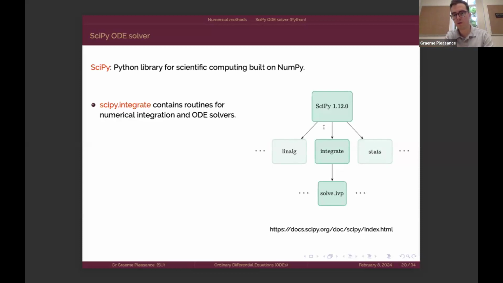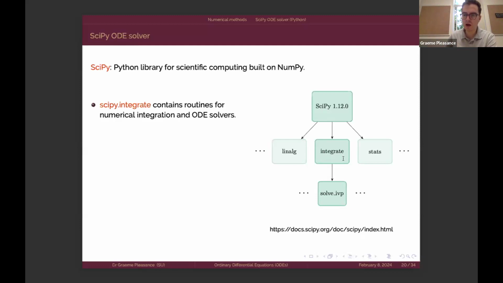The one that we're going to focus on is the integrate package that contains a function called solve_ivp. This is the solve initial value problem function, and this is one of the main ODE solvers of this integrate package. I also did very briefly touch on this in previous slides.